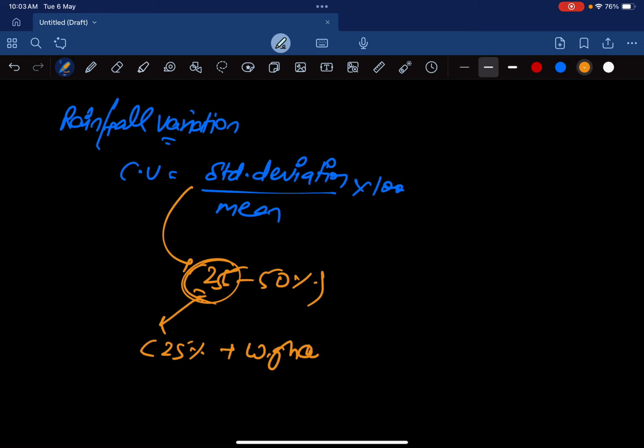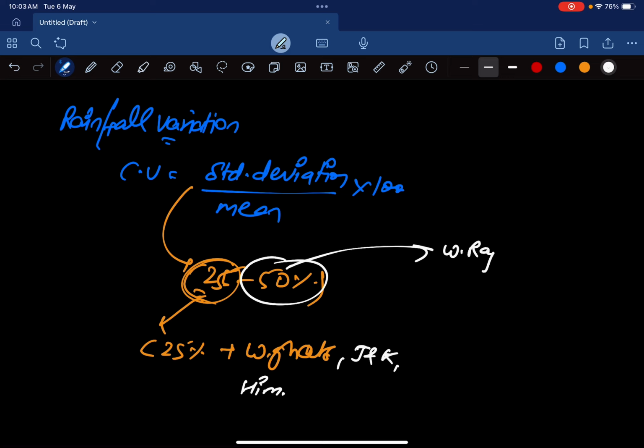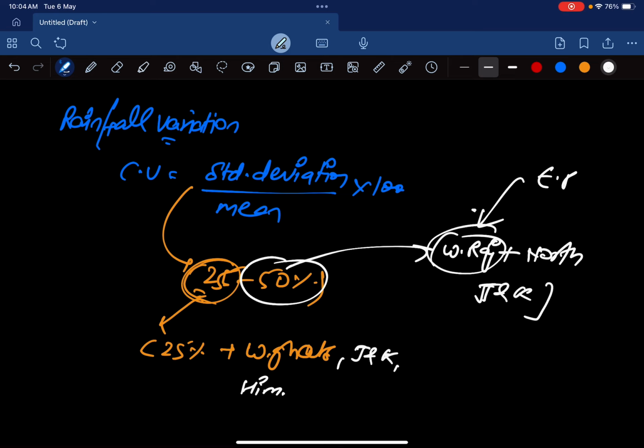Western Ghats, Jammu and Kashmir, Himalayas. If you talk about the 50% variation, that is with respect to the Western Rajasthan plus the North Jammu and Kashmir, which means कि यहाँ पे रेनफॉल ज़्यादा वेरी होगी. एक साल कम हो गया, हो सकता है अगले साल ज़्यादा हो जाए. और हम सब जानते हैं कि वेस्टर्न राजस्थान रिसीव्स लेस रेनफॉल देन दी ईस्टर्न राजस्थान, राइट.